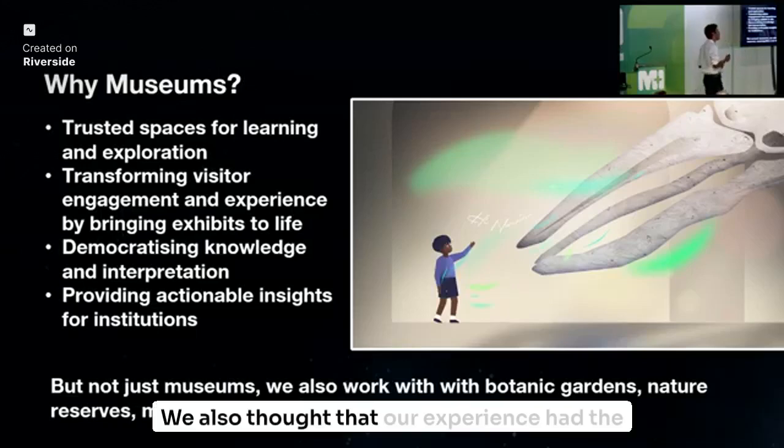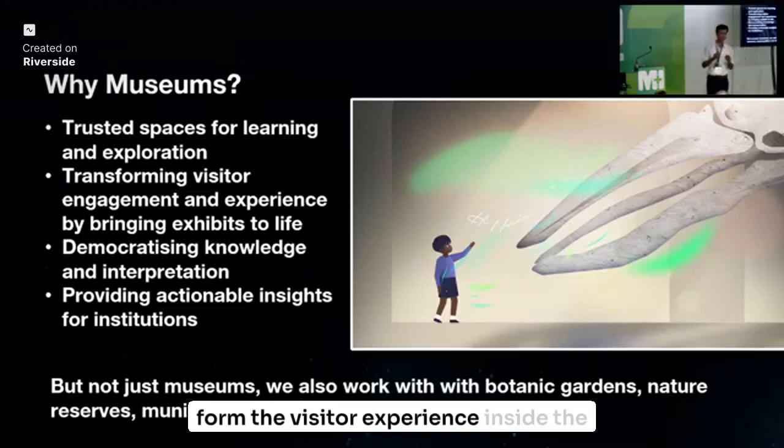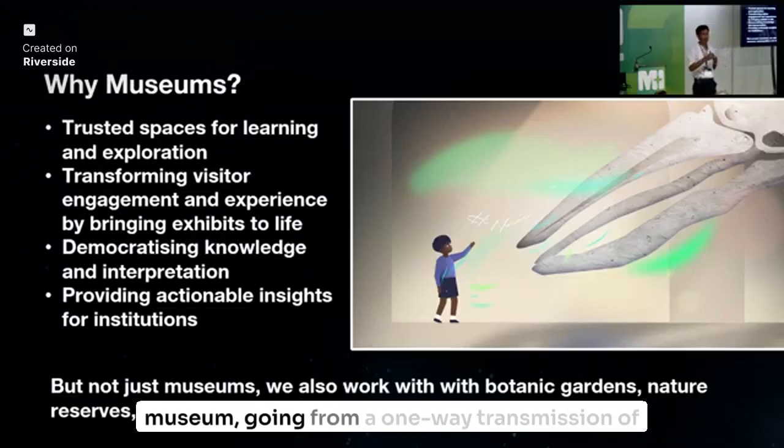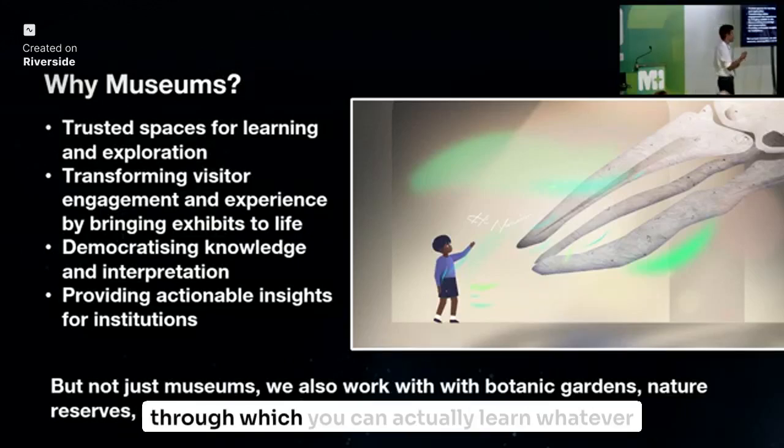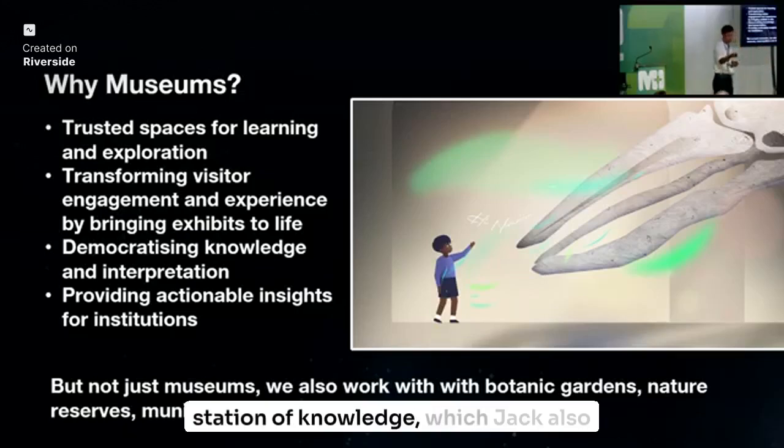We also thought that our experience had the potential to transform the visitor experience inside the museum, going from a one-way transmission of information to a two-way sort of interaction through which you can actually learn whatever you want to learn, which is the democratization of knowledge, which Jack also mentioned.